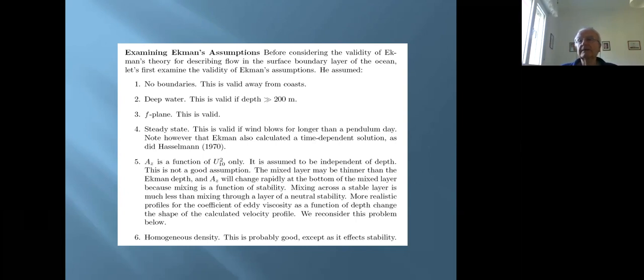We have to have deep water. This means that it's valid if the water depth is much larger than 200 meters. Why deep waters? Because you remember at the very beginning of our course, we said that at the surface and at the bottom, we have what we call the frictional layer, the layer where we feel the friction. At the surface, this is the Ekman layer, where there is friction acting between the ocean and the atmosphere.